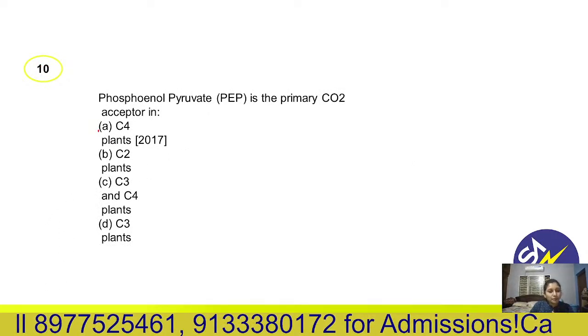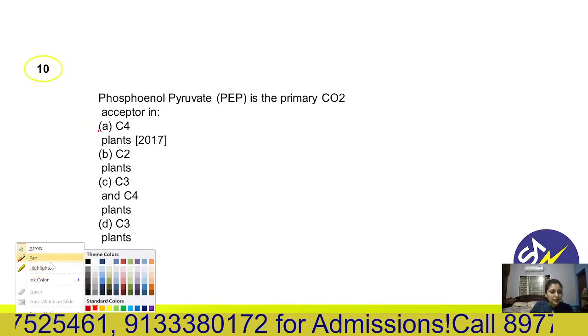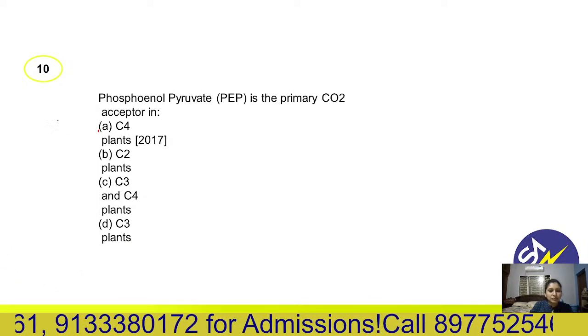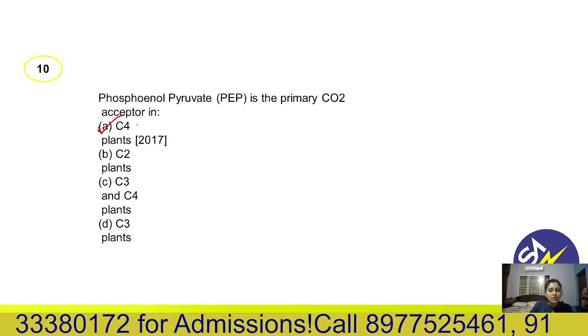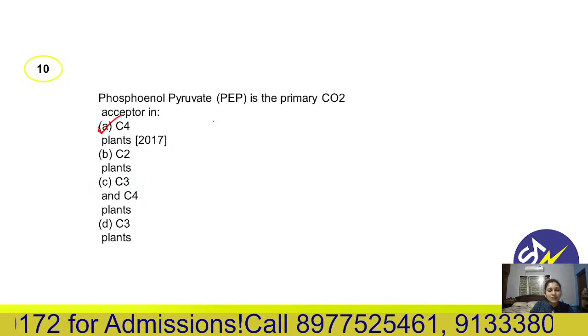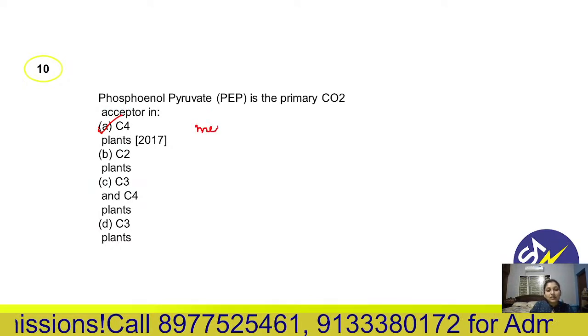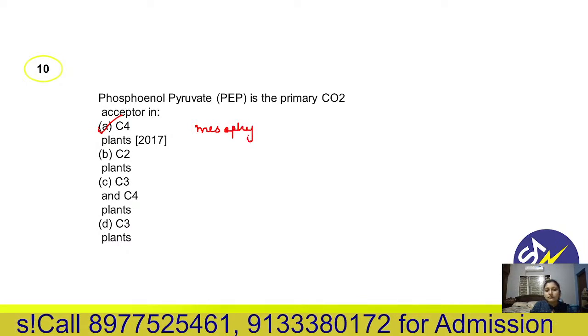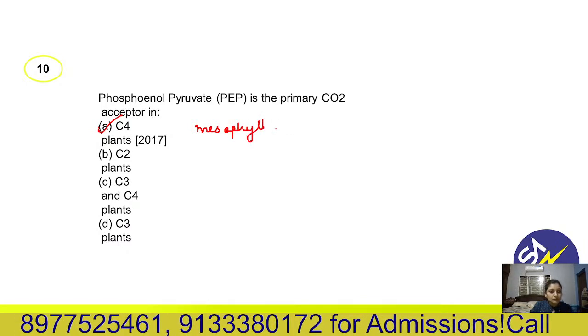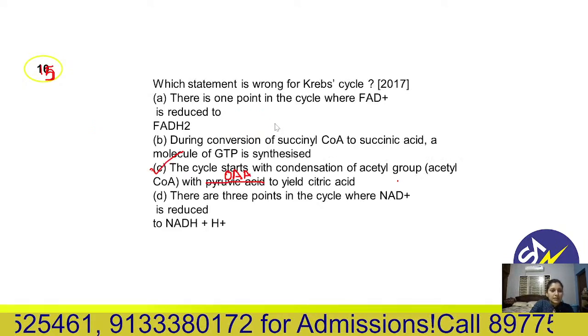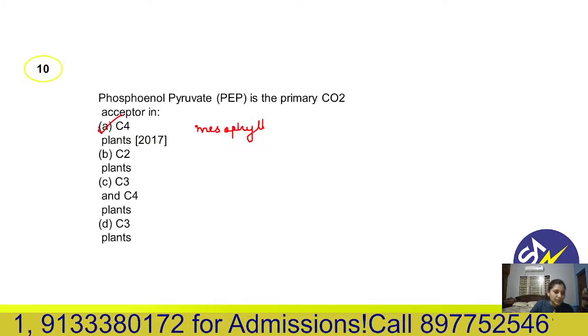Then, phosphoenol pyruvate, PEP, is the primary CO2 acceptor in C4 plants, because C4 plants have mesophyll cells. Yes, Niharika, 15C is the correct answer.